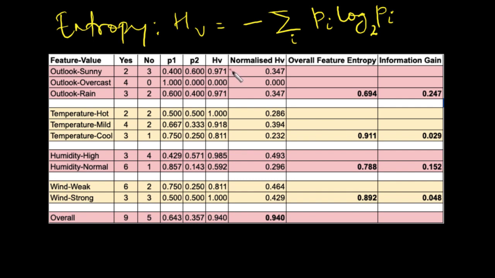Using these entropy values, you have to compute the normalized entropy. Normalization with respect to what? With respect to the number of times a particular attribute value appears in your data set. So this 0.347 is obtained by 0.971 multiplied by 5, which is the sum of 2 and 3, divided by 14.